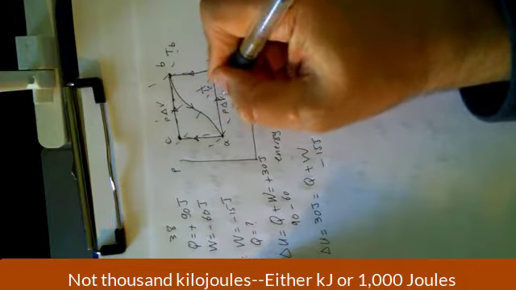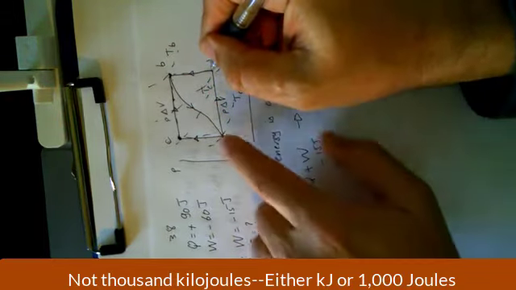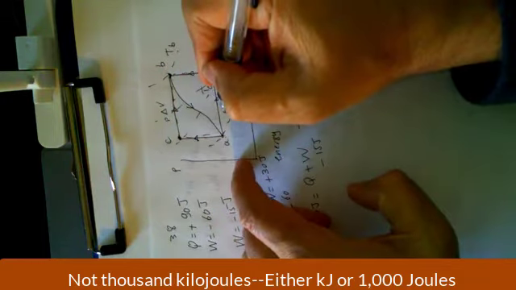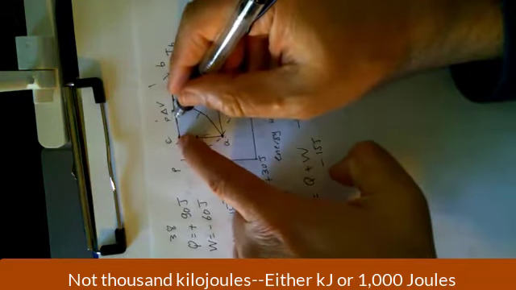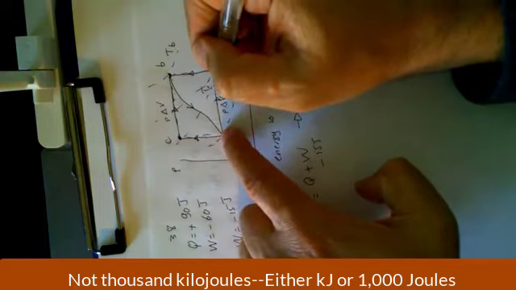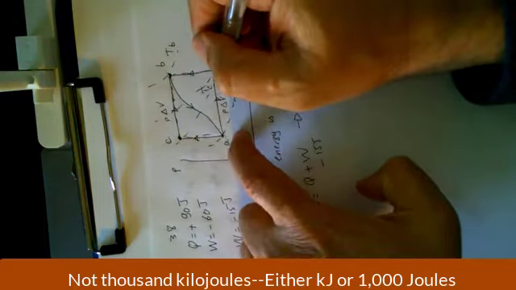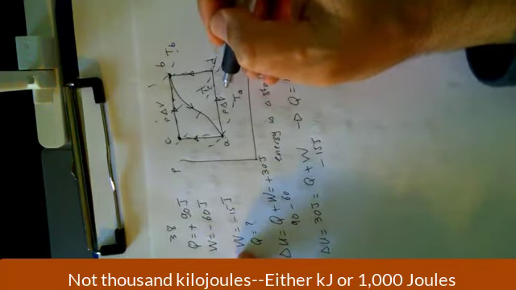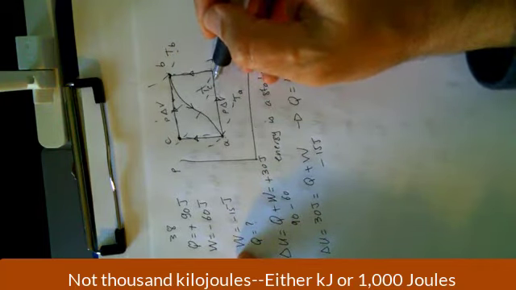Delta V is the same. It's this volume minus this volume, which is this volume minus that volume. Since the pressure in here is less than the pressure in there, there is more work in here than in here. The gas needs to do more work in here. Sure enough, this is a negative 60 joules, whereas this one is a negative 15 joules.